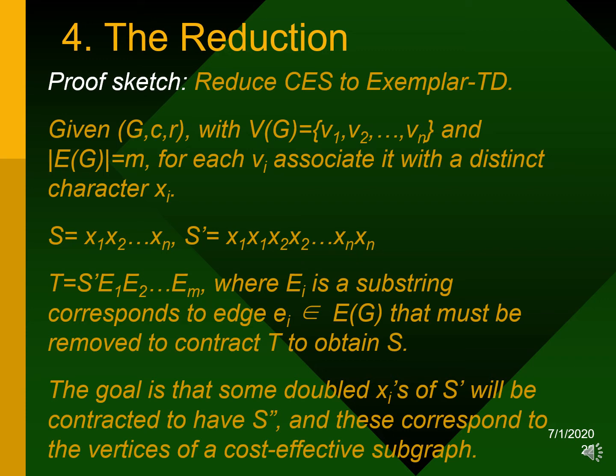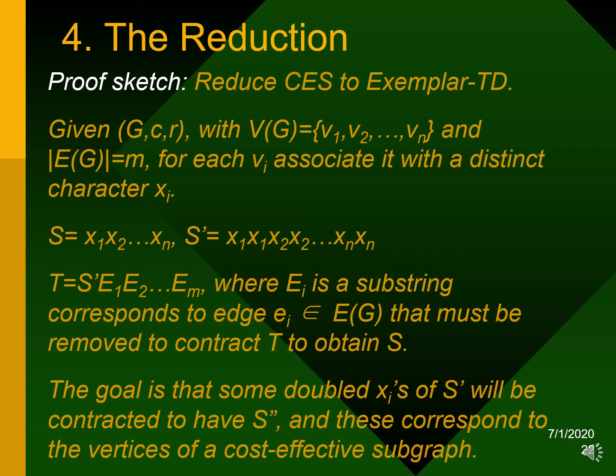We let V(G) be v1, v2, ..., vn, and the size of E is M. For each vi, we associate it with a distinct character xi. Initially, the idea is that S, which must be a permutation, is roughly x1, x2, ..., xn.